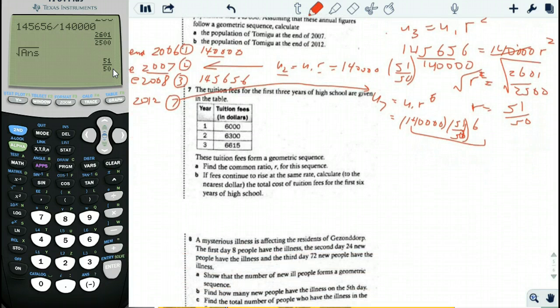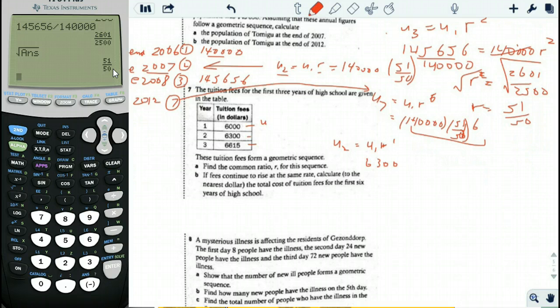Alright, the tuition fees for the first 3 years of high school are given in this table. 6,000, 6,366.15. They're a geometric sequence. Find the common ratio for the sequence. That's pretty easy, right? We just use U2 equals U1 times R to the n minus 1, which is 1. And we know that the U2 is 6,300, right?